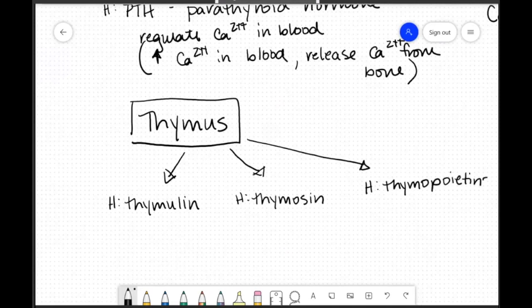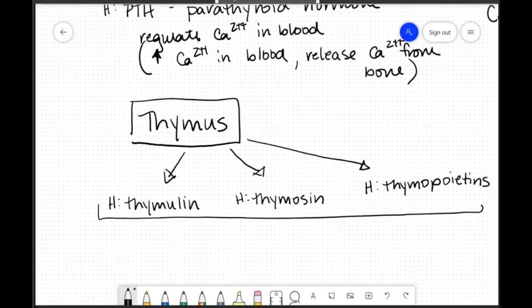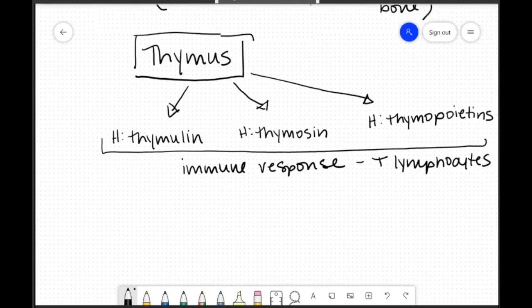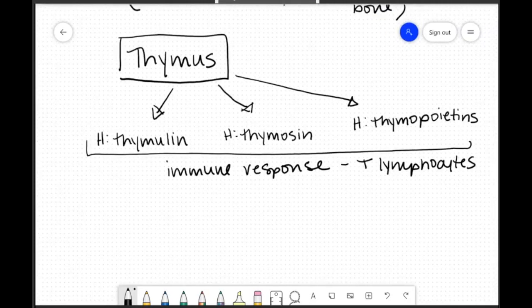And these all work to do something very similar. So all 3 of these are involved with the immune response. And they are going to be released when there needs to be the development of T lymphocytes. So your thymus gland plays a lot of implication when it comes to infection and your immune response.